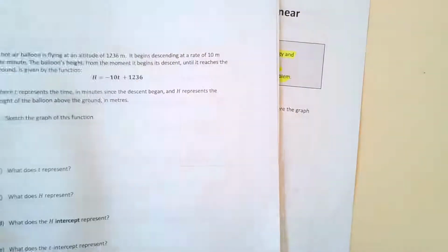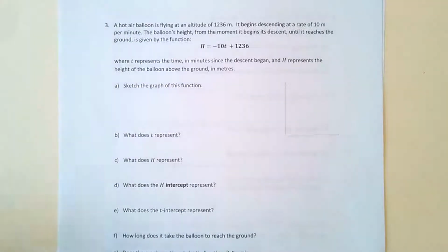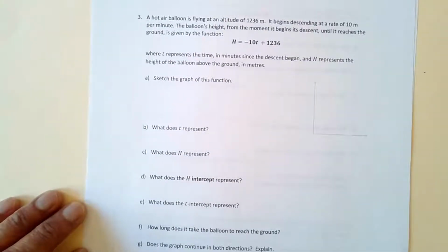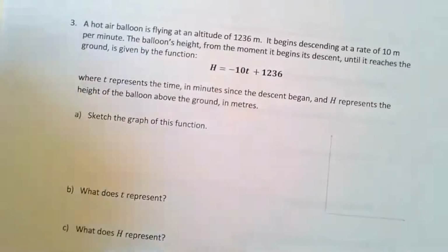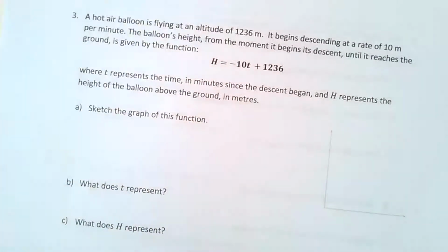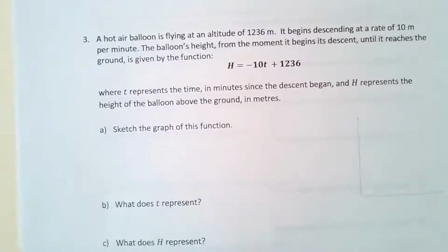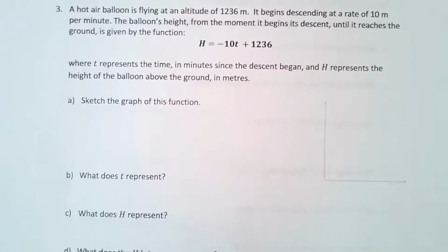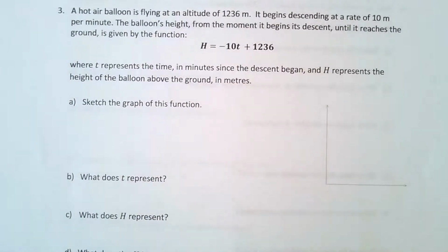So question 3. A hot air balloon is flying at an altitude of 1,236 meters.